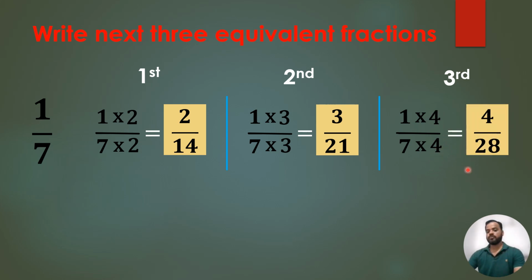So what do we get? 4 by 28. So in the question it was given to write the next 3 equivalent fractions of 1 by 7. So the next 3 equivalent fractions of 1 by 7 are 2 by 14, 3 by 21 and 4 by 28.